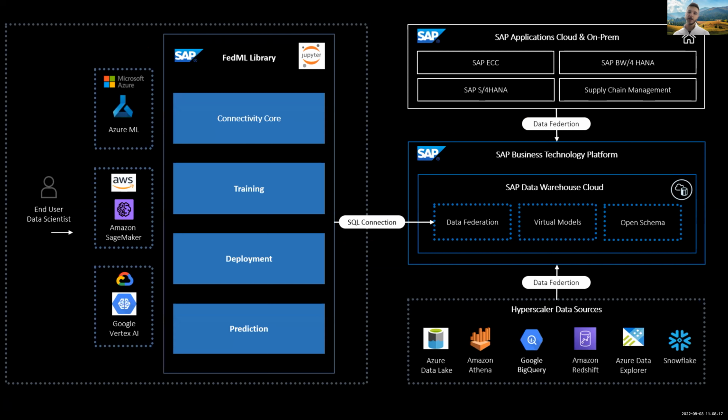So this is what the architecture for FedML looks like. If you see on the right side, in the middle, you can see Data Warehouse Cloud as the middle source connecting both your hyperscaler data sources and your SAP data, whether that's from ECC or S/4HANA.